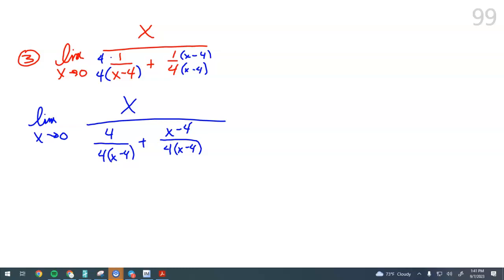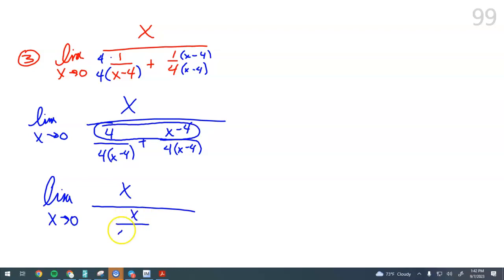So then, I'm going to add these together. So what am I going to get? I'm going to get x, 4 over. So this one works out a lot faster than the other one because there's no like expansion thing we have to do.